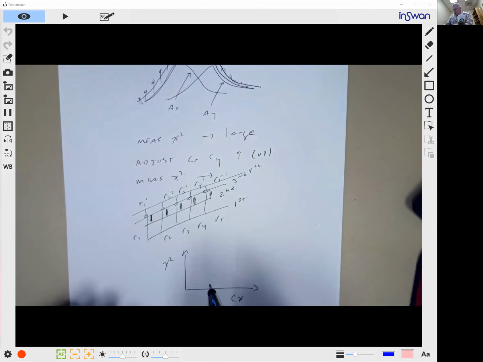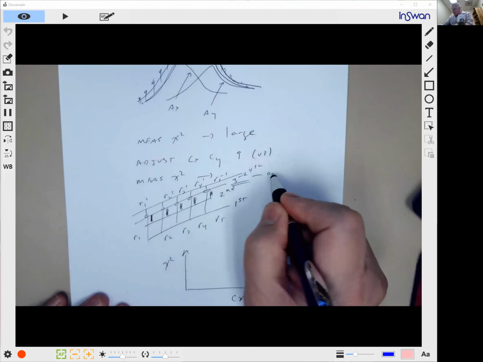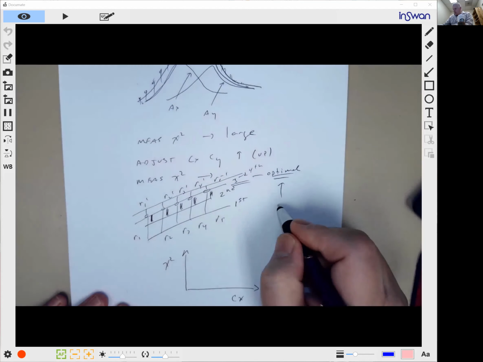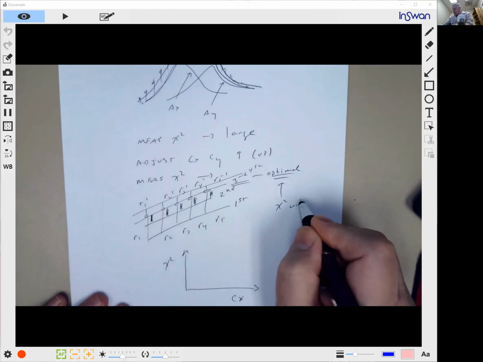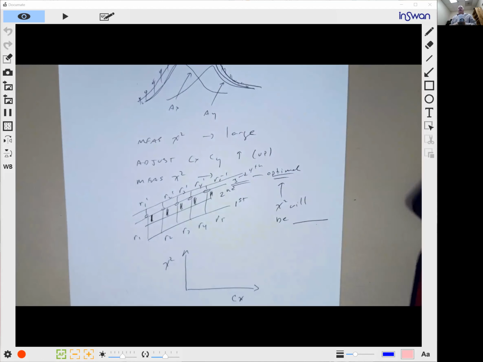So chi-squared, and let's say that this third guess is optimal, right? So when the guess is optimal, chi-squared will be what? A minimum. Minimum. Mm-hmm. Yes.